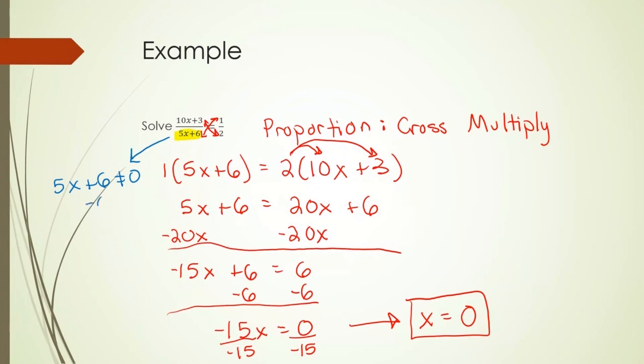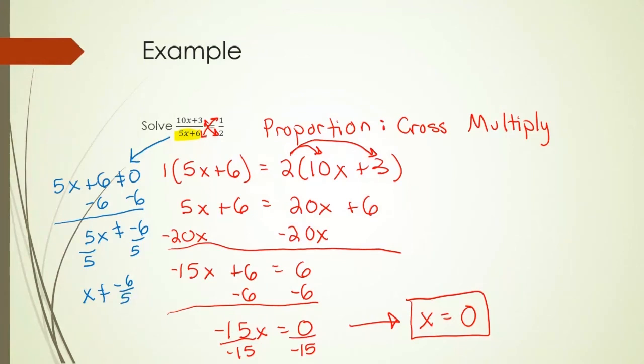So I'm going to subtract 6 from both sides, and I got 5x cannot equal negative 6. Then I'm going to divide both sides by 5, and x can't be negative 6 over 5. So since we got an x value of 0, we're okay.